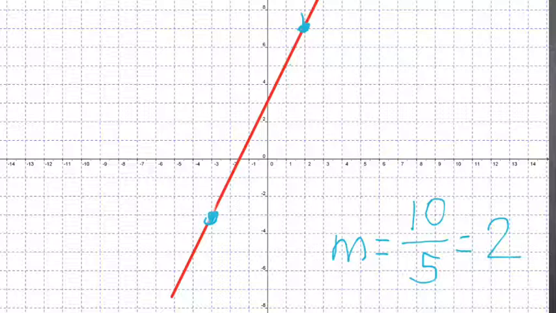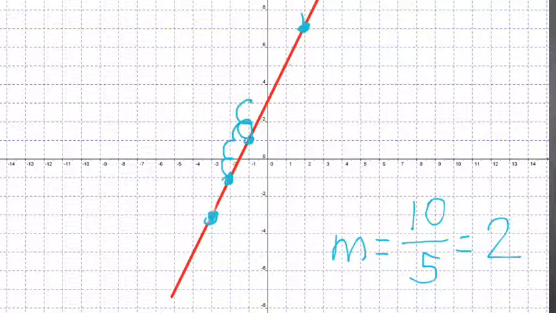So let's test that out. What if we start here? What if we rise 2, 1, 2, and then we run 1? Did I hit another point? Yes. Rise 2, run 1, I hit another point.